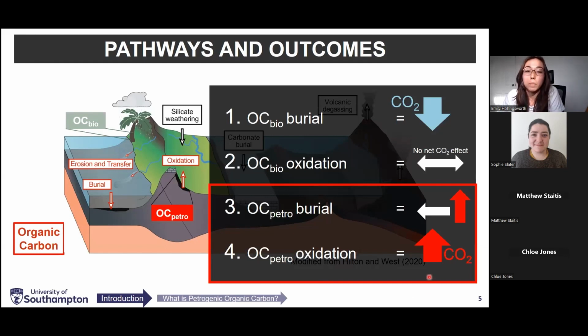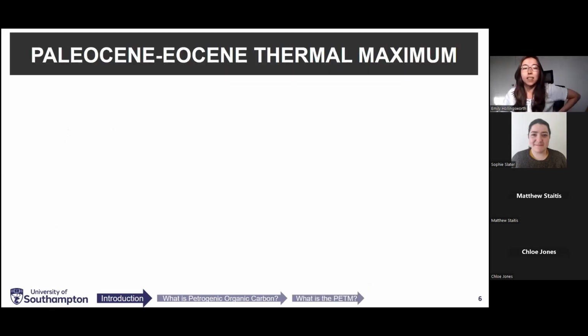And it could become this important source of CO2. So yeah, it would be really crucial to know what kind of role this might play. And of course, that's where looking into the past comes in, and we can specifically look at the PETM.